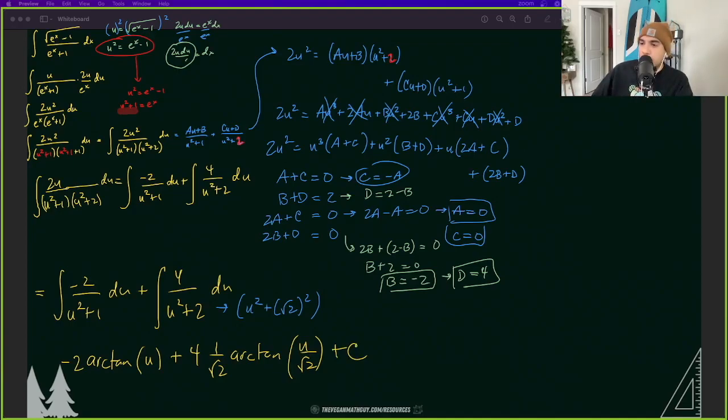Now I'm going to go ahead and plug in our u, which was that root value, and then we have our final answer as negative 2 arctan of root e to the x minus 1 plus 4 over root 2 arctan of root e to the x minus 1 over root 2 plus c.